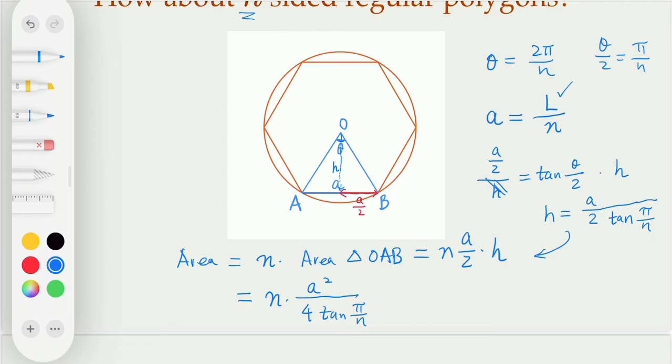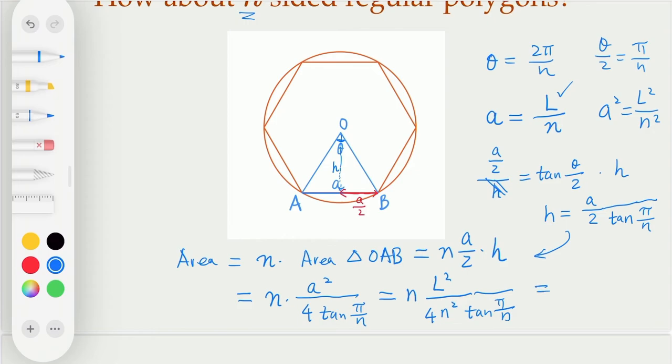And here, if you plug in A is L over n, so A squared is L squared over n squared. You plug in L squared over n squared, tangent pi over n.